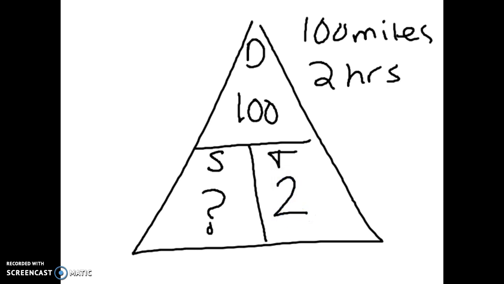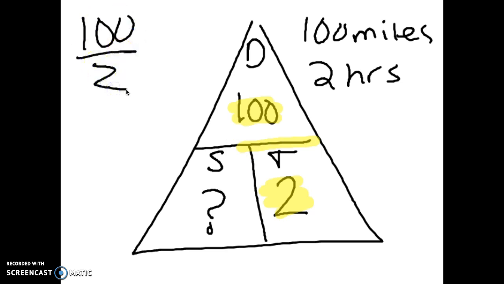Now, look inside this triangle. You'll notice I have 100 and I have 2. But if you really look even closer, I actually have 100 over 2. Do you see that? 100 over 2, which is a fraction.